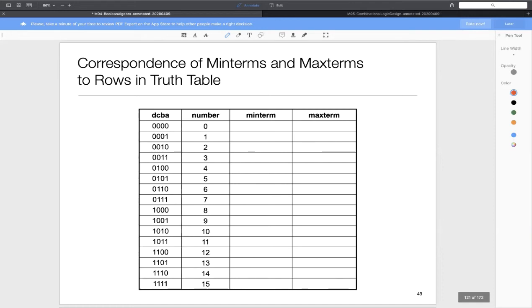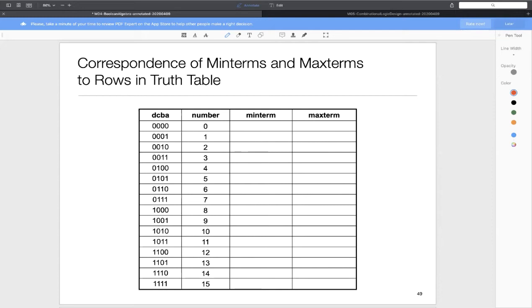So I mentioned how these things correspond. Let's say I give you a function of 4 variables, A, B, C, D. Think of the inputs as a 4-bit number, where the least significant bit is A and the most significant bit is D. I write them like this, and I can assign row numbers.